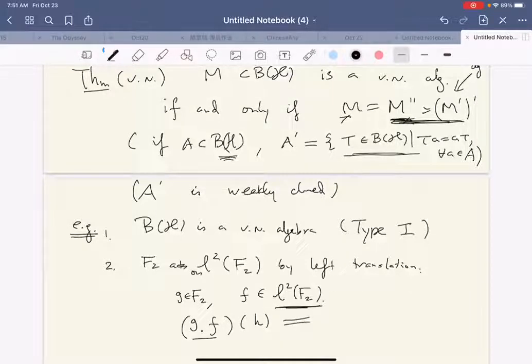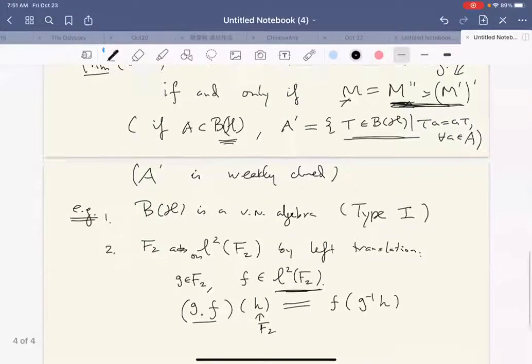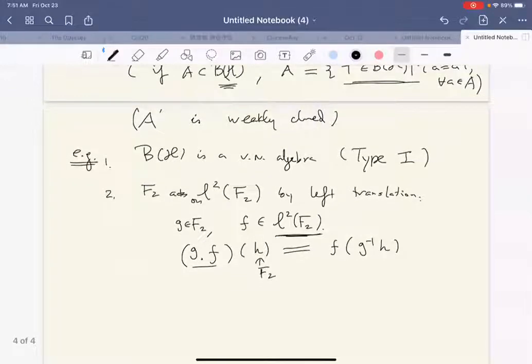In other words, I need to tell you what this sequence is on any element in F2. The definition is very simple: it's F of G inverse times H. So this is left translation. Don't worry about this G inverse; it's just a convention, a way to make this into an action.